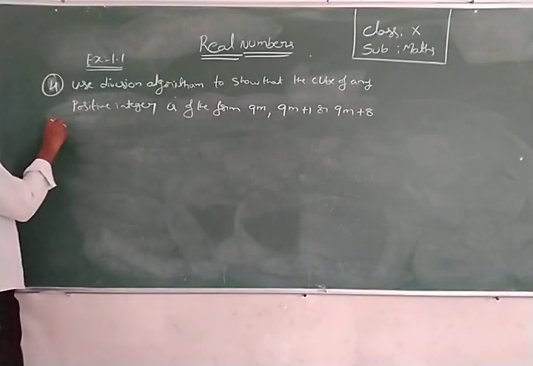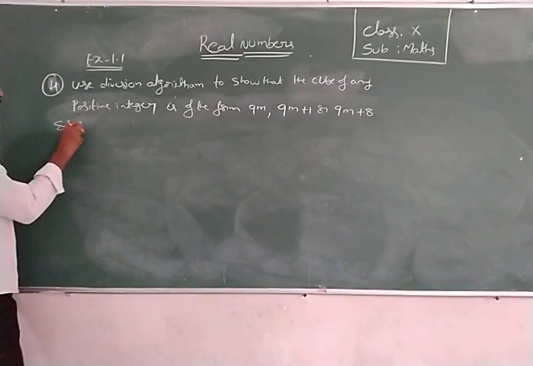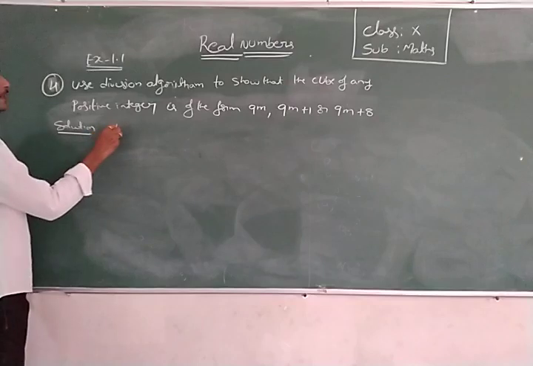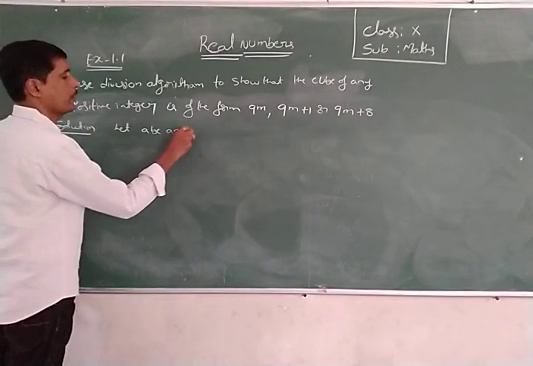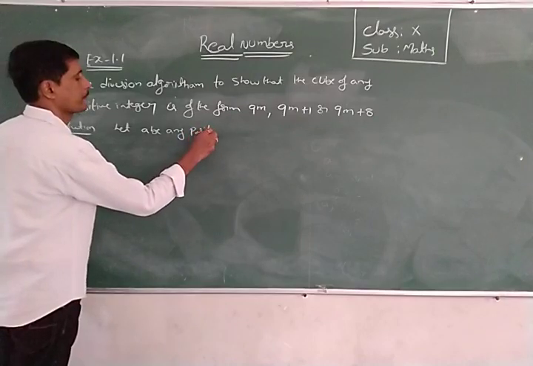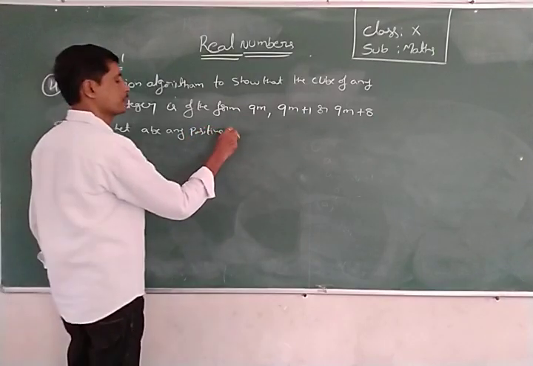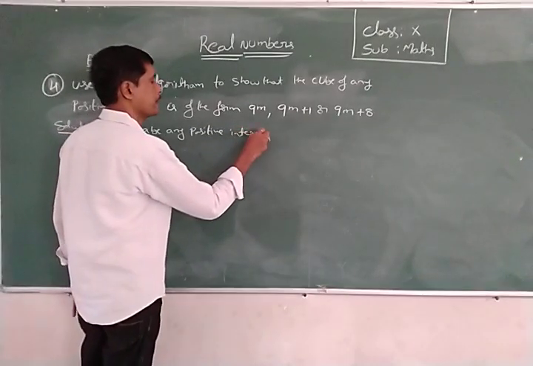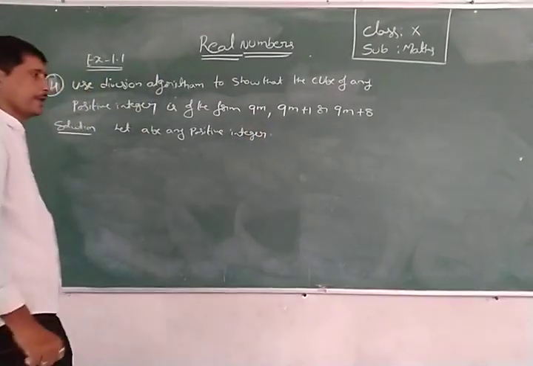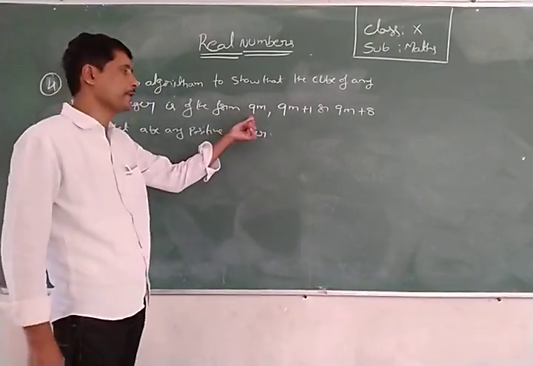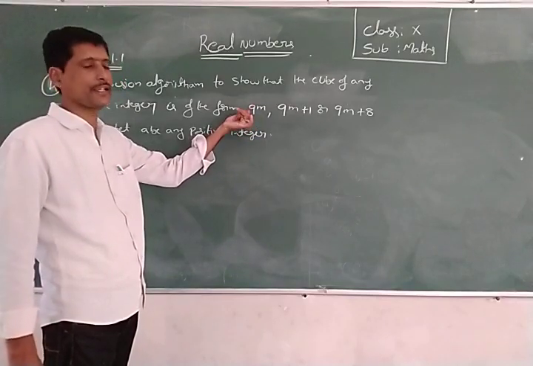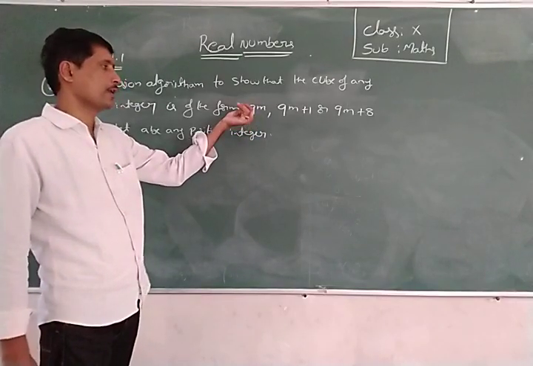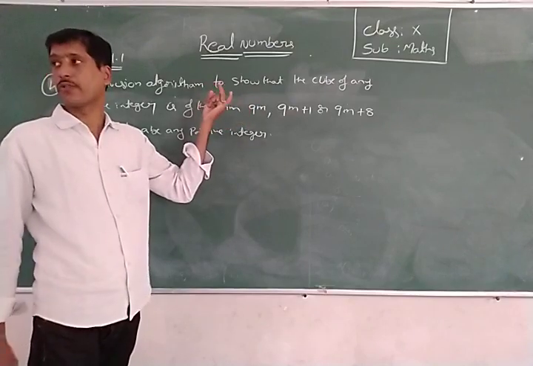Therefore, the solution: let a be any positive integer. Here b equals 9 or a factor of 9, anything of your choice. The factors of 9 are 1, 3, 9.